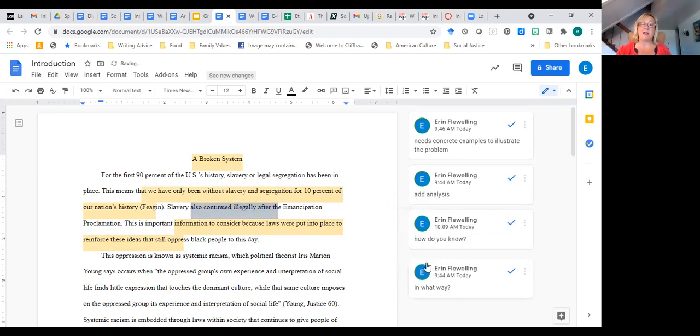Actually, it continued legally. The sharecropping system was established that allowed former slaves to work the land where they used to work as slaves. And the property owners, the plantation owners, would then sell the supplies, but they'd price it up so that however much money the Black people made, it was never enough to pay off their debt.